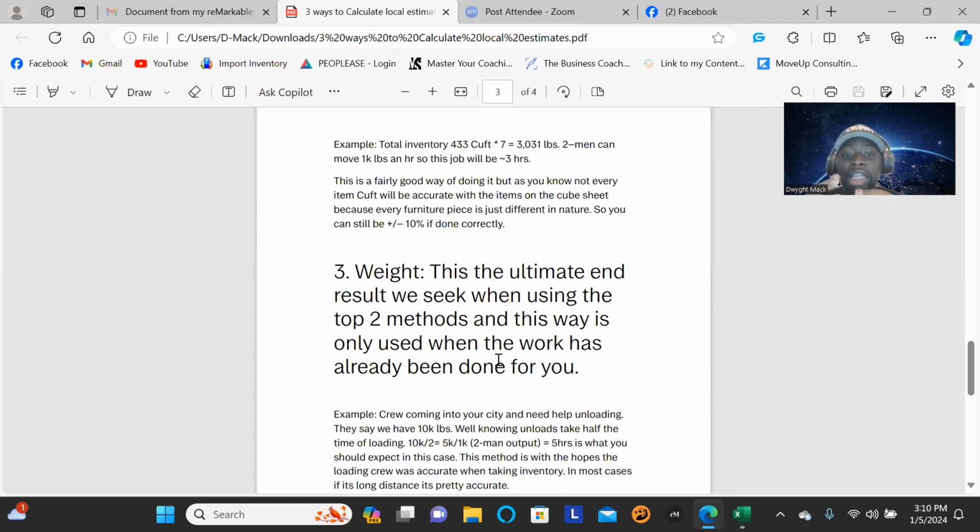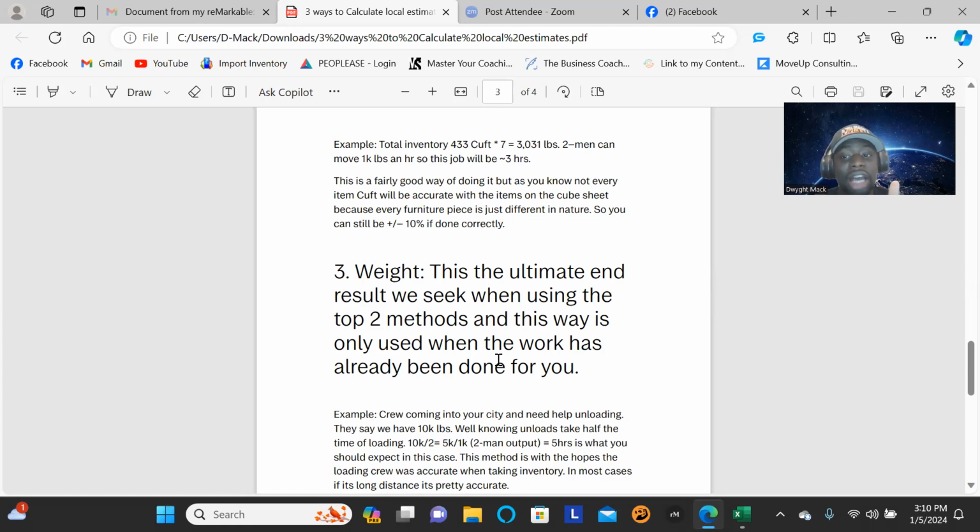And I feel like each of these ways you should have in your repertoire, just in case you get hit with a situation such as, with the cubic feet direction, let's just say a customer is in storage and they have a 10 by 20 storage unit, and they said it's full. A 10 by 20 is about 1,600 cubic feet.